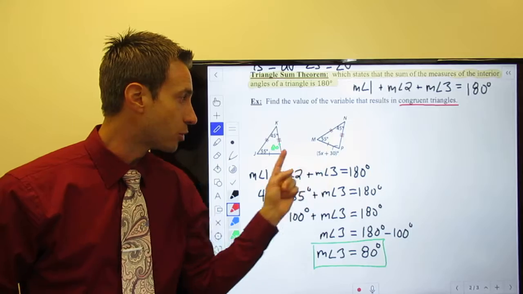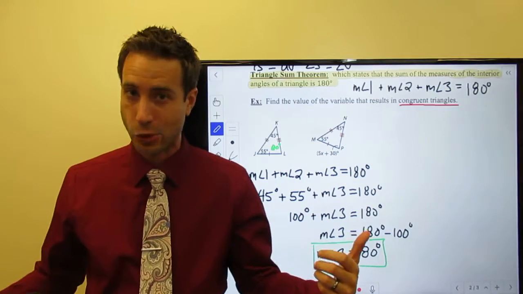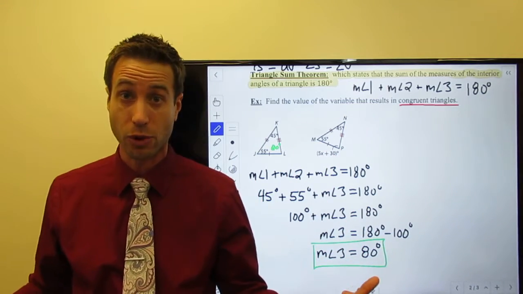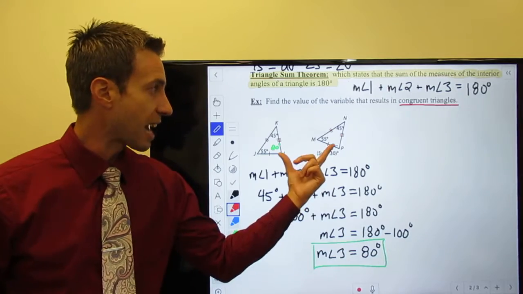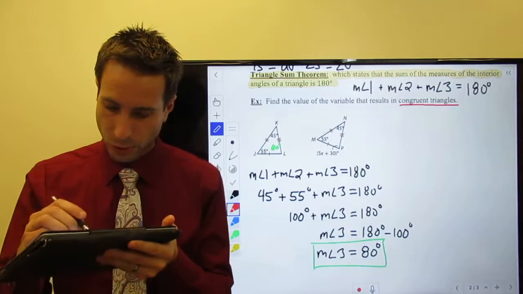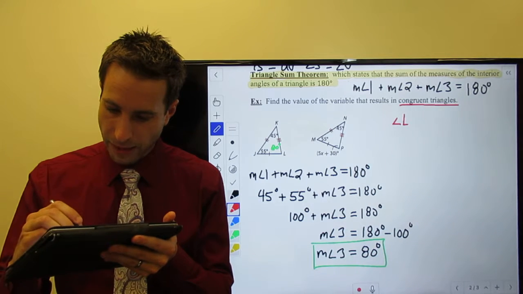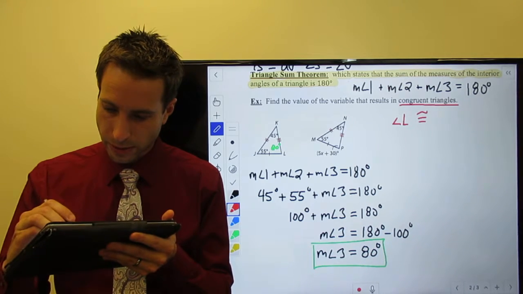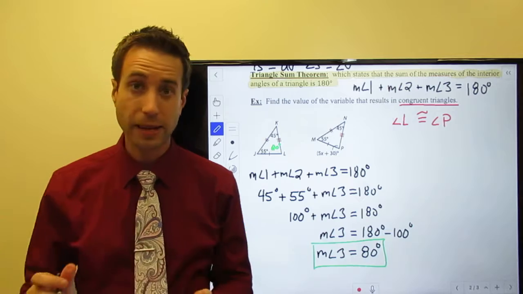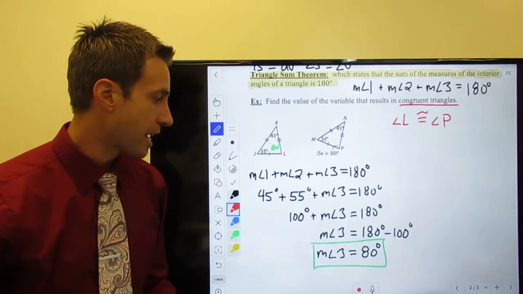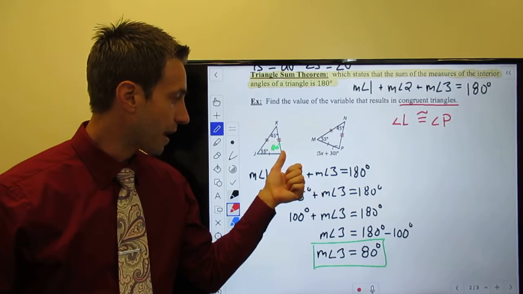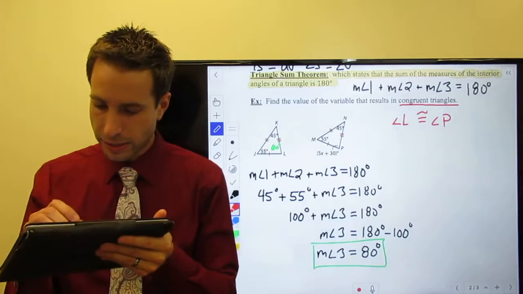If these two angles weren't the same, then the triangles couldn't be congruent. So I'll set them equal to each other: the measure of angle L is congruent to the measure of angle P. Plug in what I know: the measure of angle L is 80 degrees.